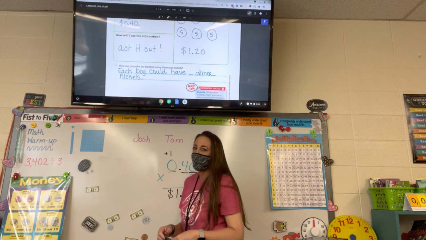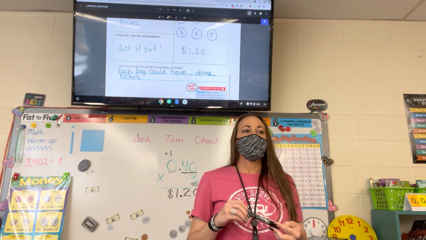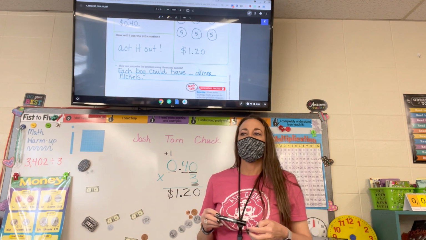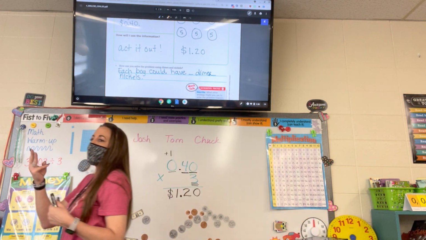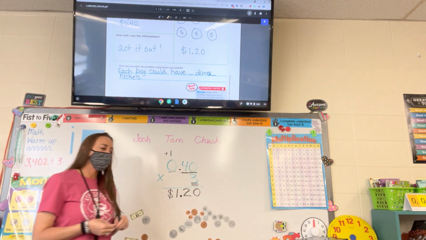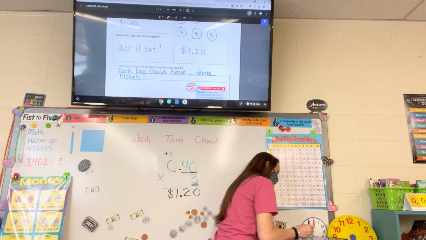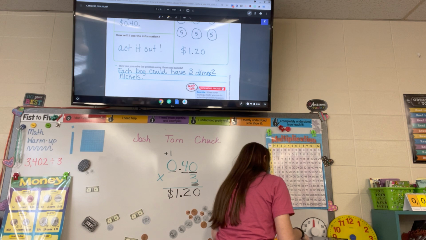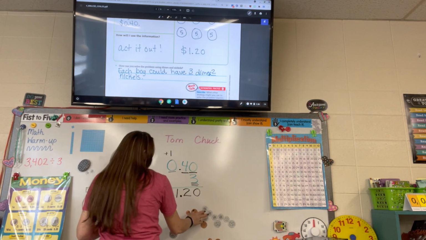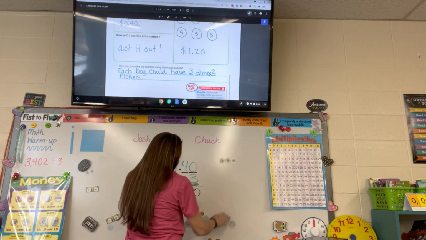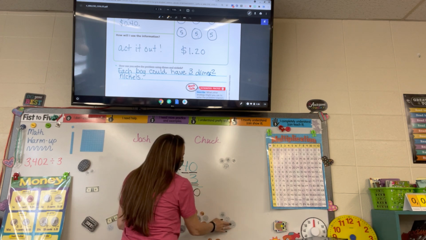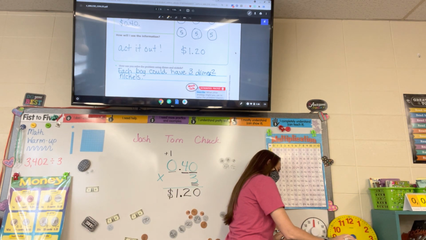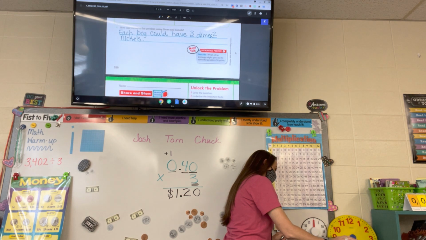Okay, so we gotta make 40 cents with dimes and nickels. How many dimes? 3. And how many nickels? 2. So each boy could have 3 dimes and 2 nickels. So that would be 30 cents, 35, 40. Each boy could have 3 dimes and 2 nickels.